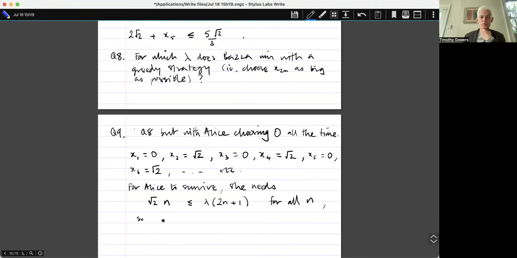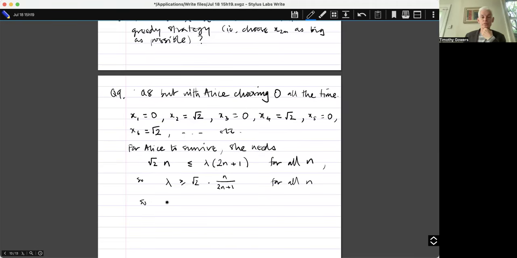So rewriting, lambda is greater than or equal to root 2 times n over 2n plus 1. So if lambda is less than root 2 over 2, that's eventually going to be violated, and that's again for all n. So lambda must be greater than or equal to root 2 over 2.